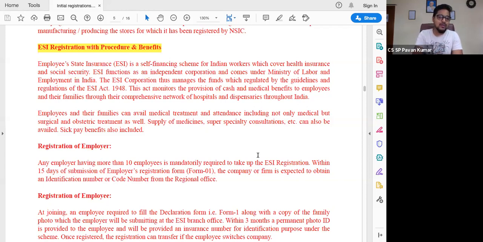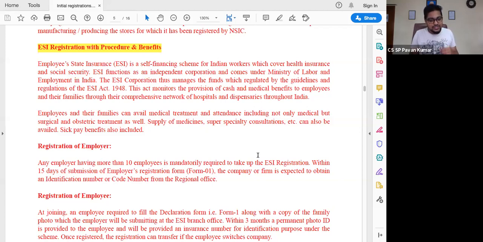This is again not applicable to all types of employees. It is applicable only to employees whose salary is below 21,000 rupees, and in the case of a disabled employee, below 25,000 rupees. So any employee getting a salary of less than 21,000, or 25,000 in case of a disabled employee, will be covered by ESI.